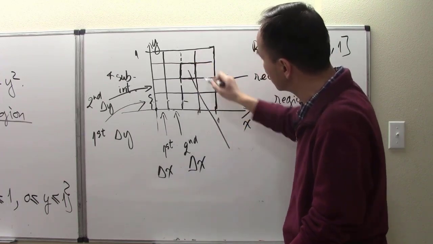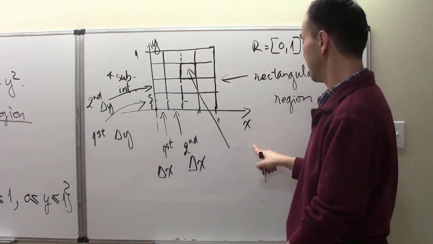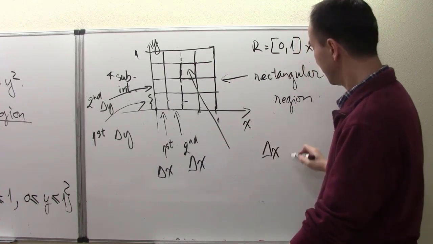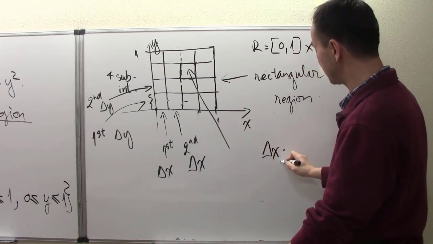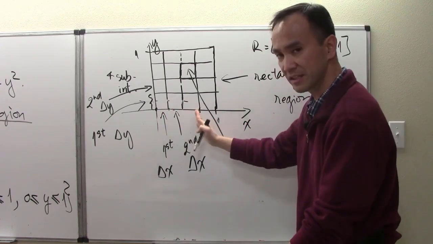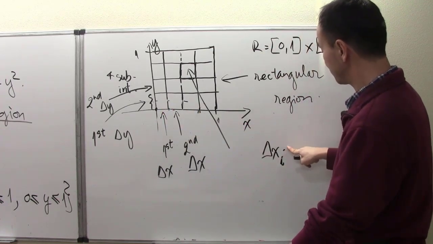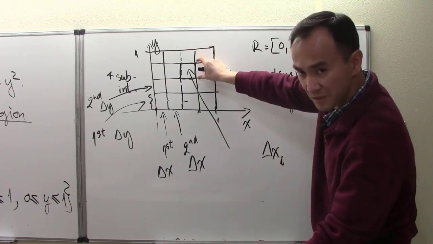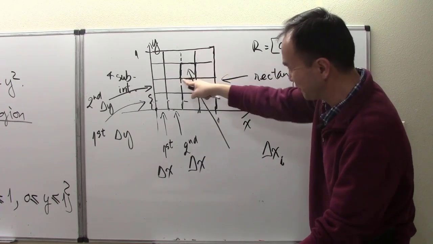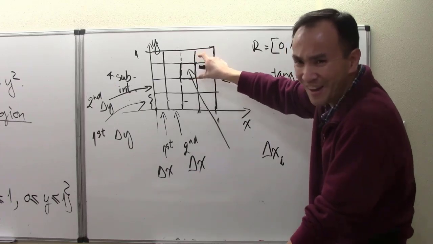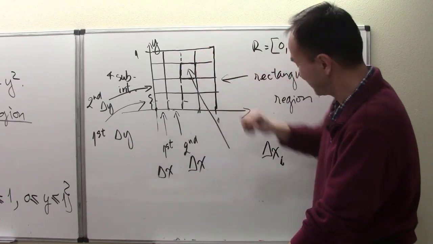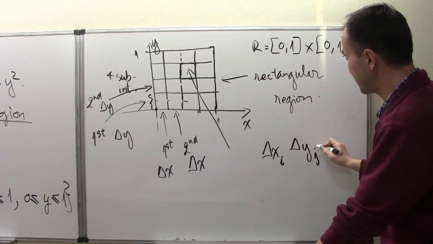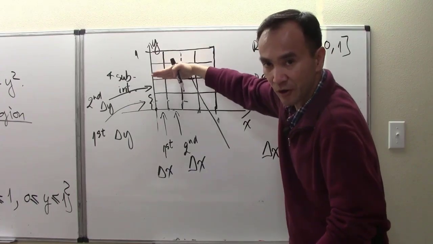The width is delta x at some ith subinterval, and the vertical space, which I'll call the length, is delta y at some jth subinterval on the y-axis.